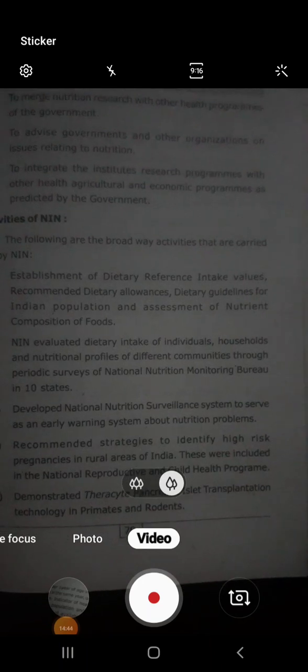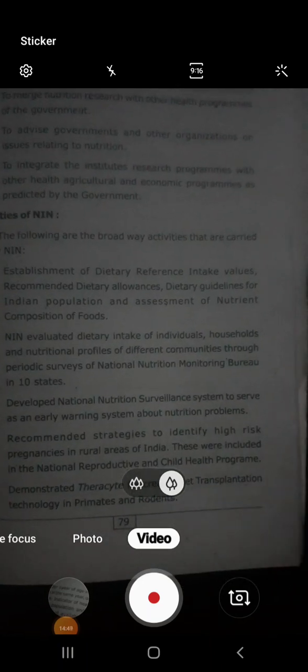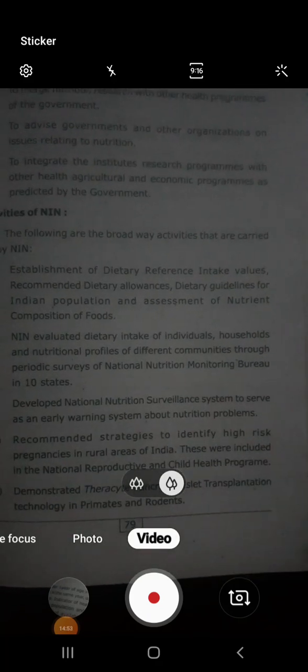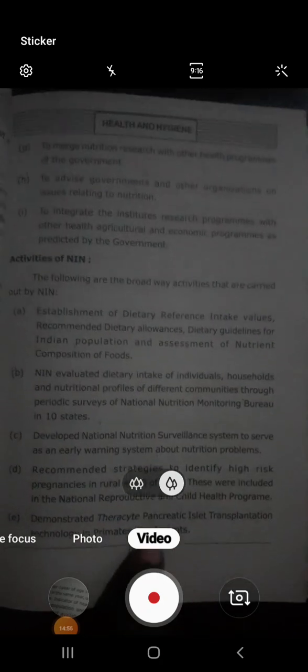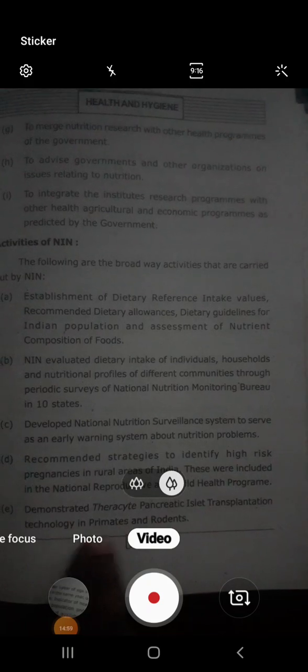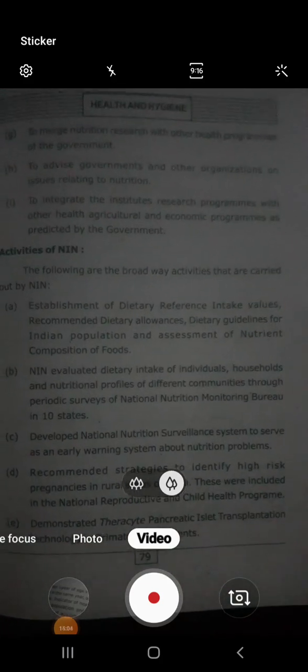While doing the survey, we can solve the problems. There are also some strategies for pregnant ladies in rural areas, and they demonstrated tricuspid parental islet transplantation technology in primates and rodents. So these are the activities we have.